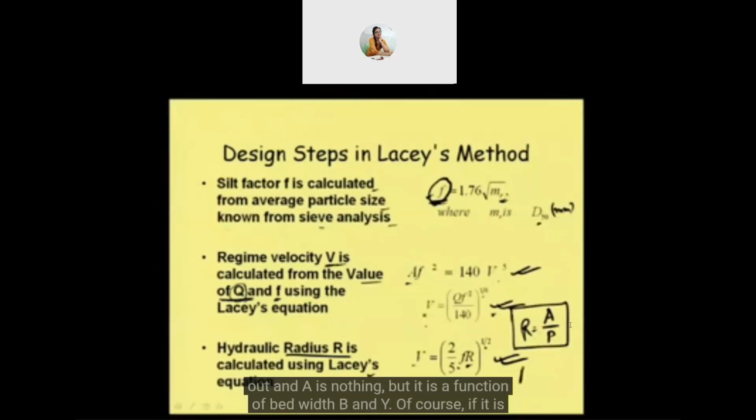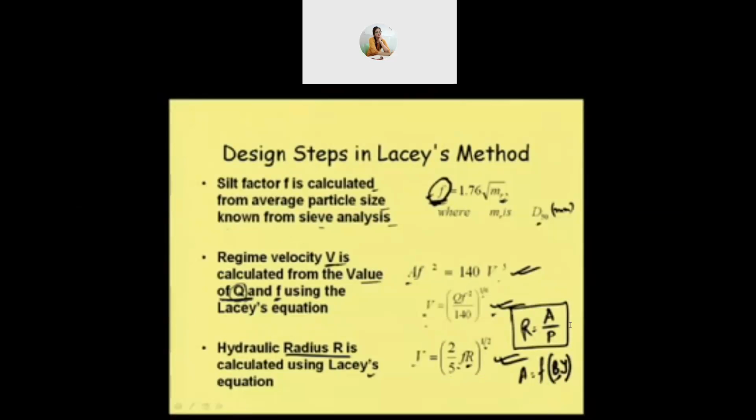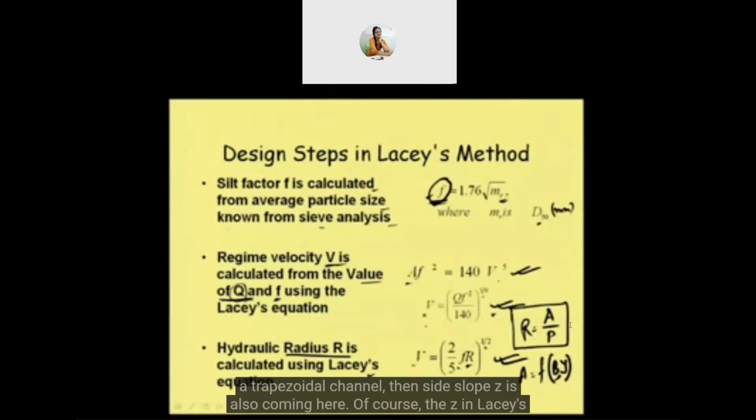And A is a function of bed width B and depth Y. And of course, if it is a trapezoidal channel, then side slope Z is also coming here. In Lacey's theory we keep Z at a fixed value, that is 0.5:1 is normally kept for regime condition.